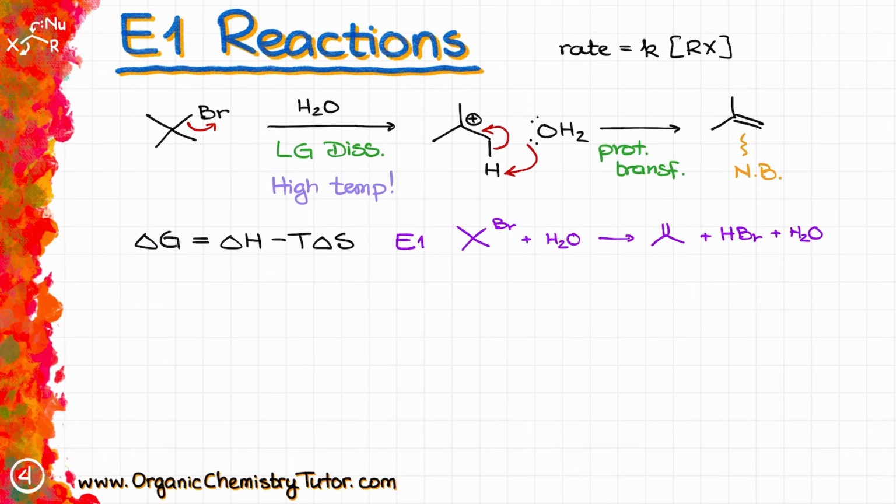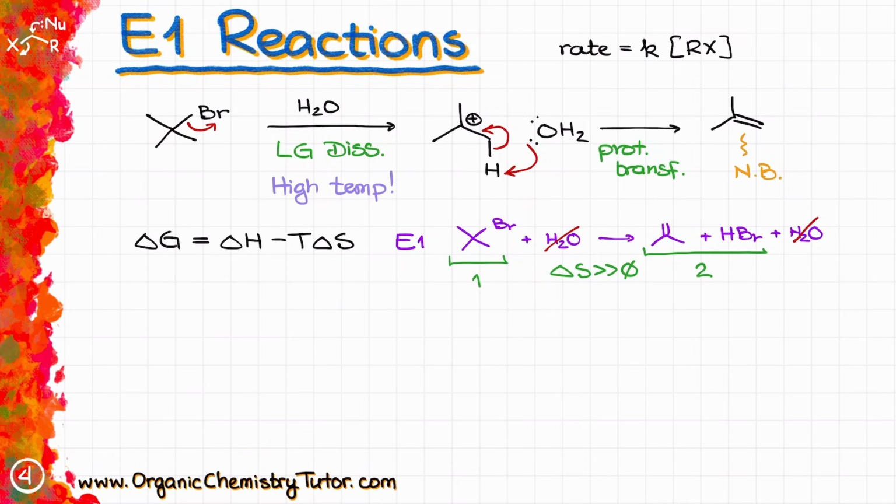It's not being consumed in this reaction, so I'm going to cross it out for the stoichiometry's sake, and I'm going to say that my reaction started with one molecule, but it ended up giving me two molecules, which means that the change in entropy of this reaction is going to be significantly greater than 0.